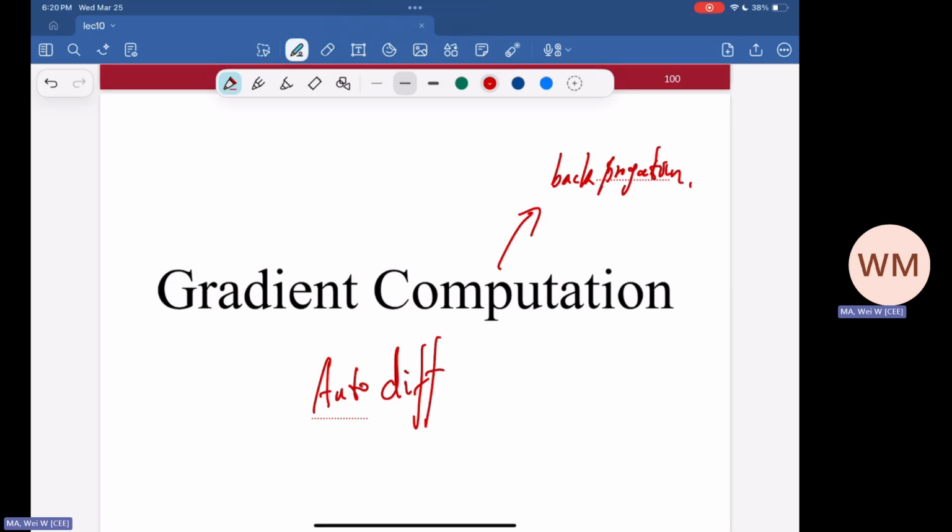One thing I want to mention is that PyTorch is different from scikit-learn. Scikit-learn implements one package, one method for you, another method for you. PyTorch actually gives you a lot of building blocks.